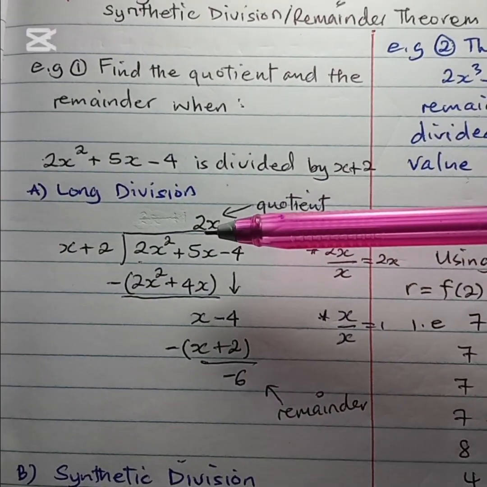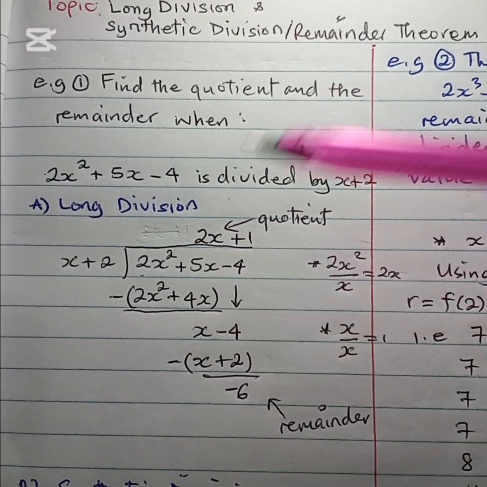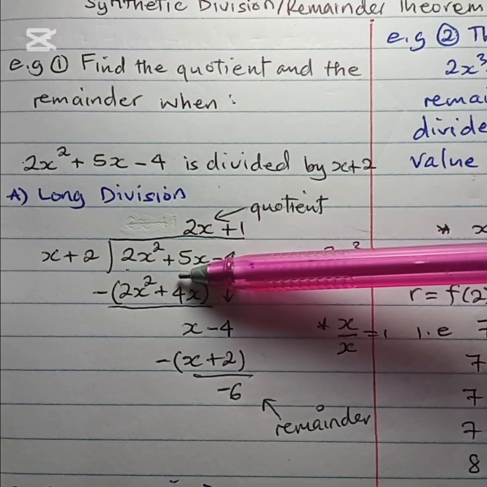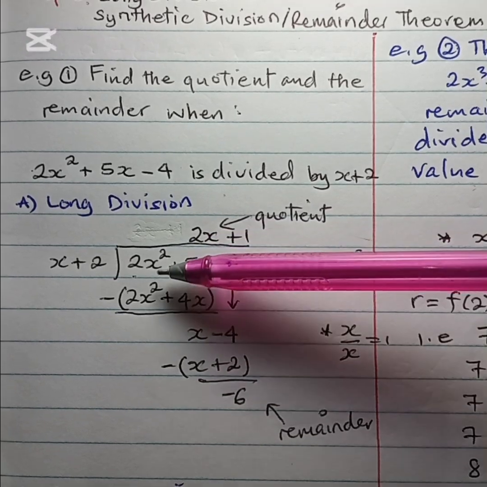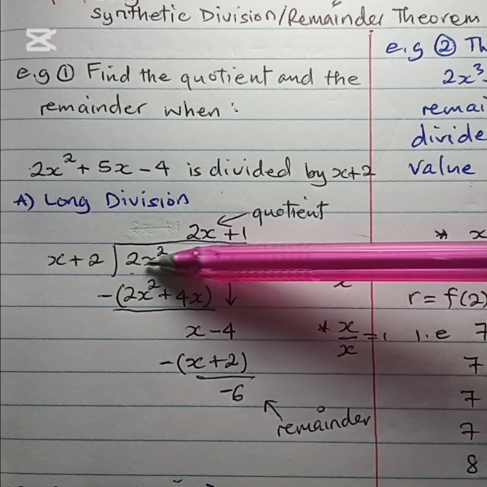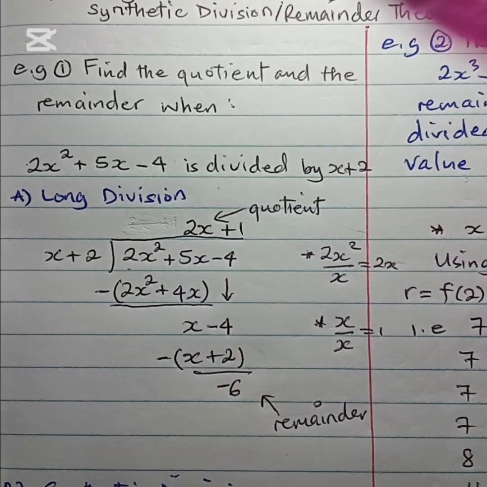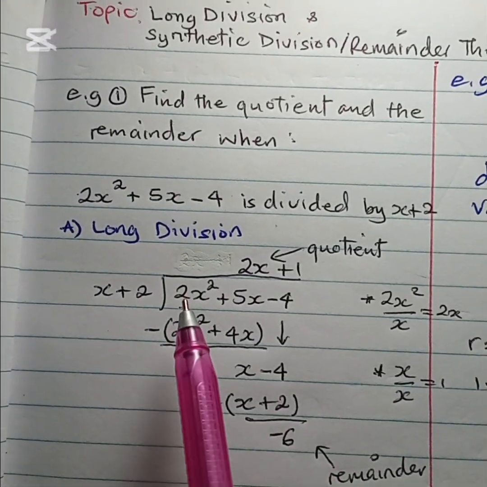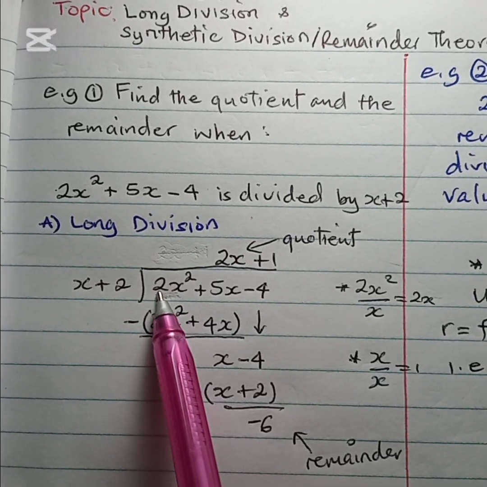Alright, let's solve this by long division. The idea is the same as the normal long division with normal numbers. So we put the dividend inside and we put the divisor outside, and then we divide by first focusing on the leading terms of the expression.